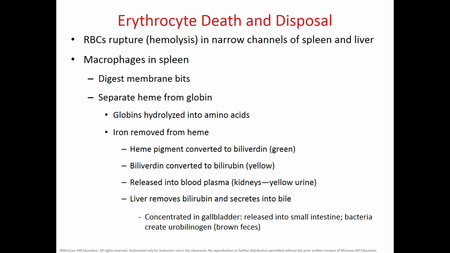The globins, the proteins, will be made into amino acids, and the heme group will be removed, and you will have iron removed from the heme, and the heme will form a pigment known as biliverdin, which will have a green color. This biliverdin is going to be oxidized later on and be converted into bilirubin or yellow color pigment.